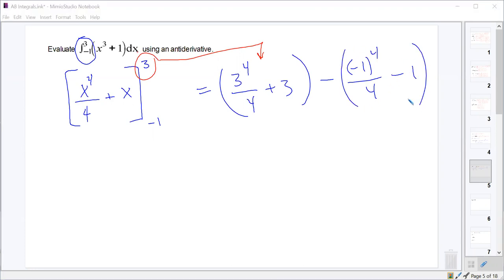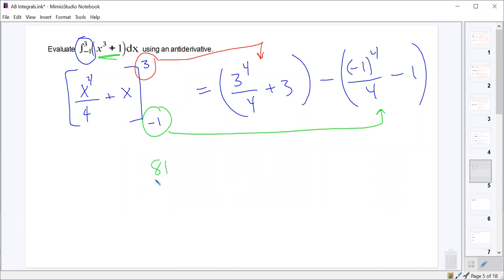And that's the -1 piece. Everybody see that? So that's the second part of the fundamental theorem of calculus from the other day: we find the function that is the integral of this, evaluate at the upper limit, evaluate at the lower limit, and subtract.